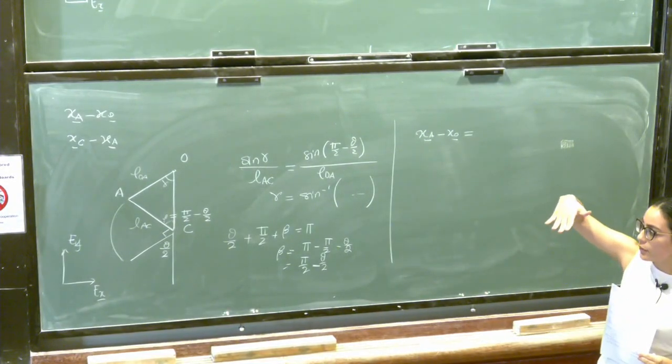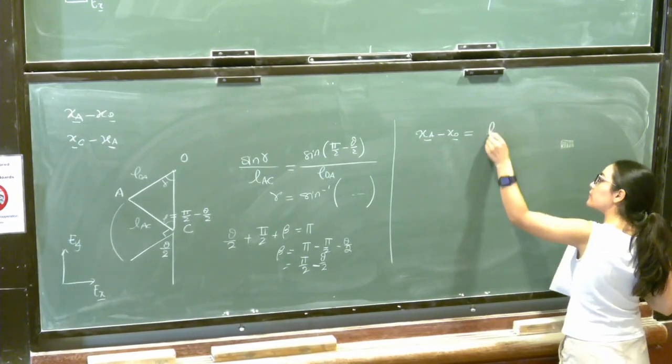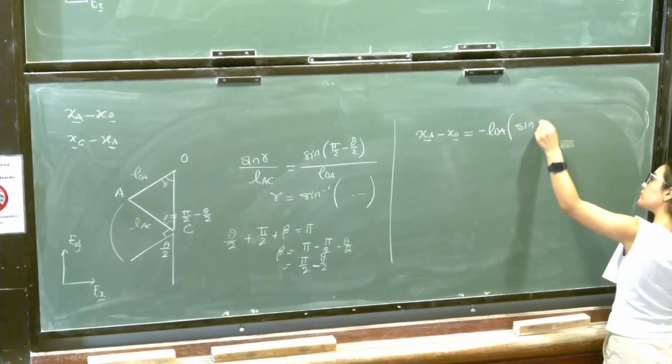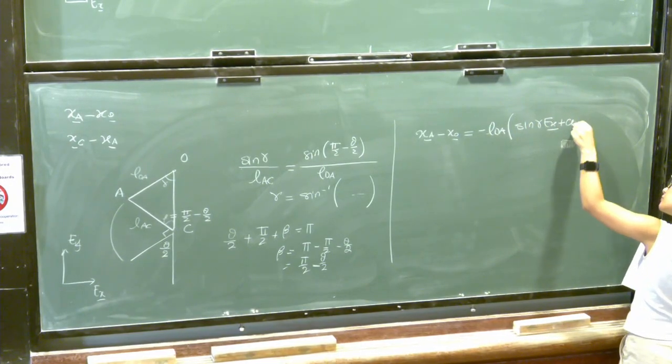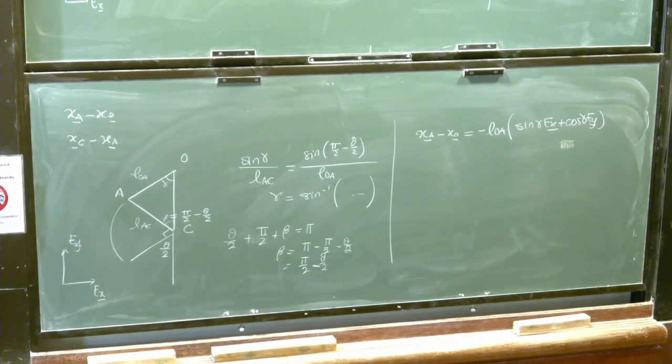It's going to be equal to what? Sine gamma minus EX, cosine gamma minus EY, right? So this vector is going to have negative EX and negative EY components. Any questions?